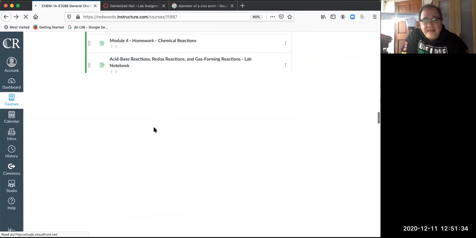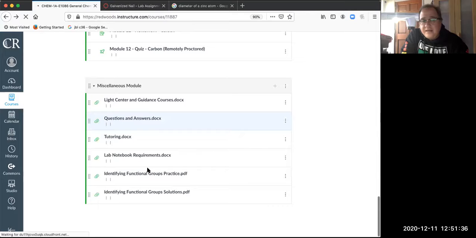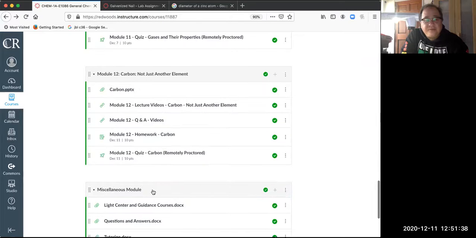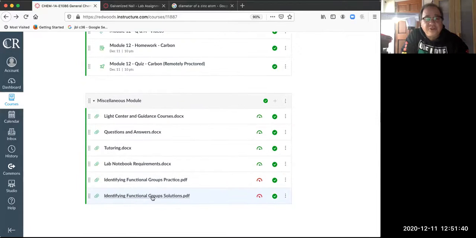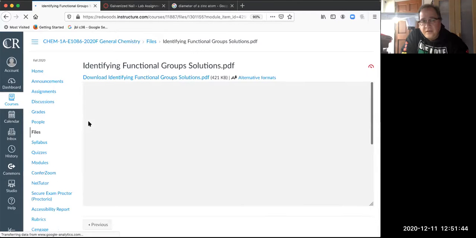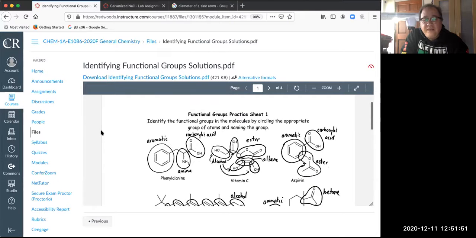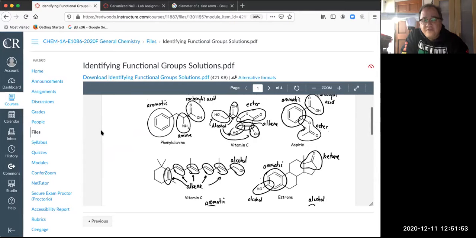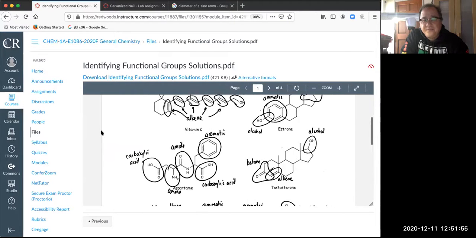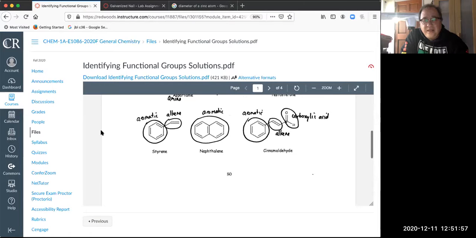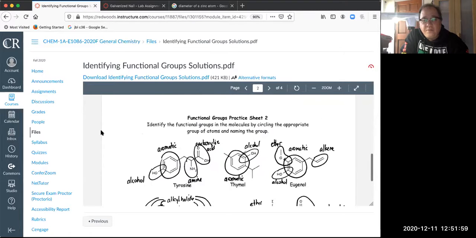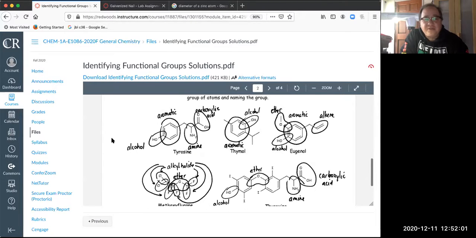I have the key right here, the solutions guide, if you will. So this is the same file, only with me having circled all of the different functional groups. And there are, I believe, 4 pages of this for you to get practice with.